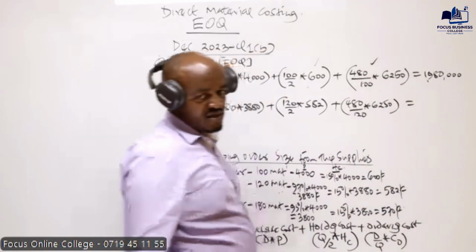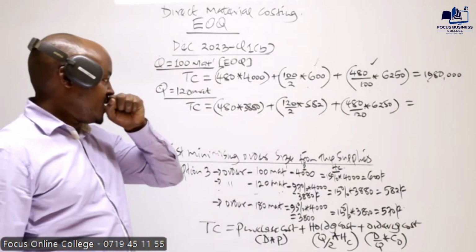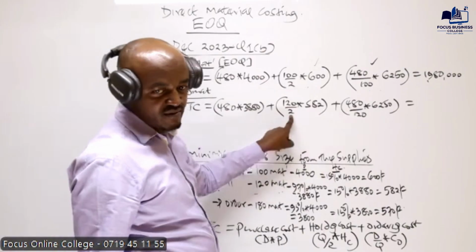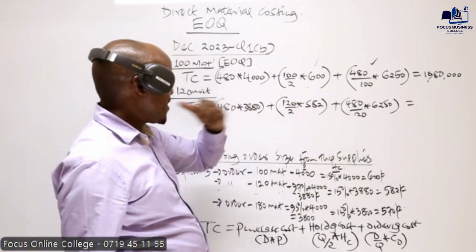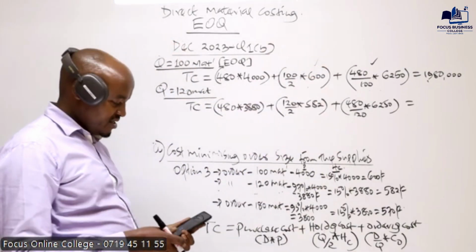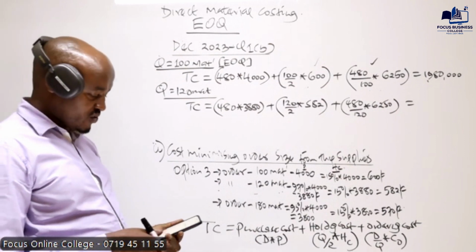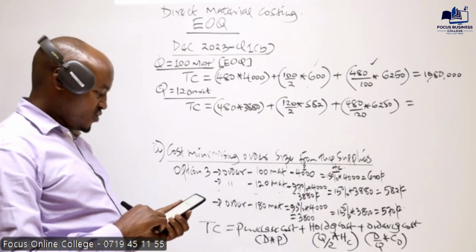But in this case, you'll be able to see 120 mattresses is not our EOQ. So these two costs will not be the same, because costs are always the same only at the EOQ. 120 is not our EOQ, so the two costs will not be the same.